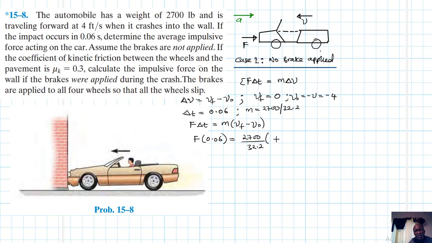which is our mass, and then we have V final, we said is 0, this is coming to a stop, and then minus 4. Okay, therefore the impulsive force is equal to 2700 divided by 32.2 by 4 divided by 0.06.